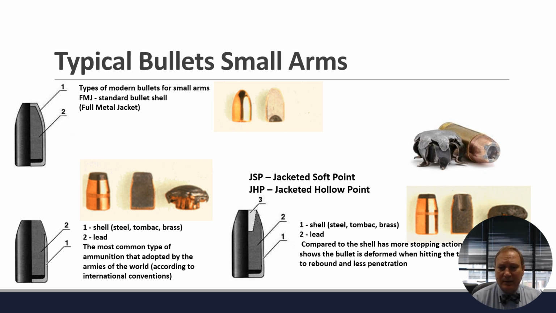The idea with a jacketed hollow point is it stops someone in their tracks. It's intended to cause a lot of harm. It's certainly intended to stop someone from doing whatever they were doing. And it is a common type of ballistic used in law enforcement, but also used in a number of other sidearms.